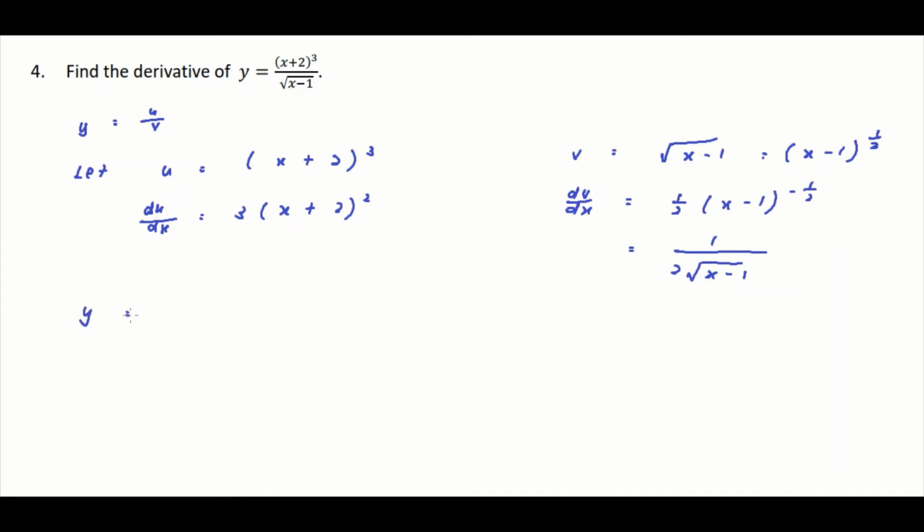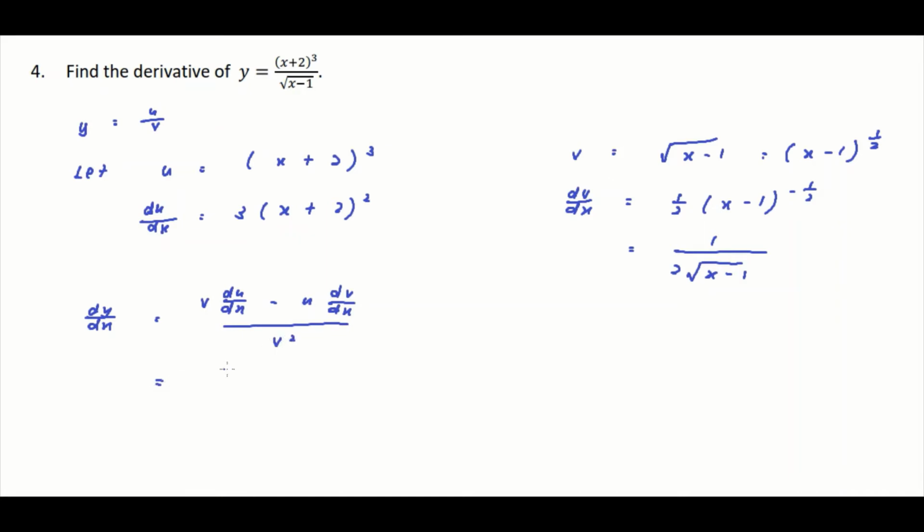So dy/dx will be equals to v du/dx minus u dv/dx, divided by v squared.